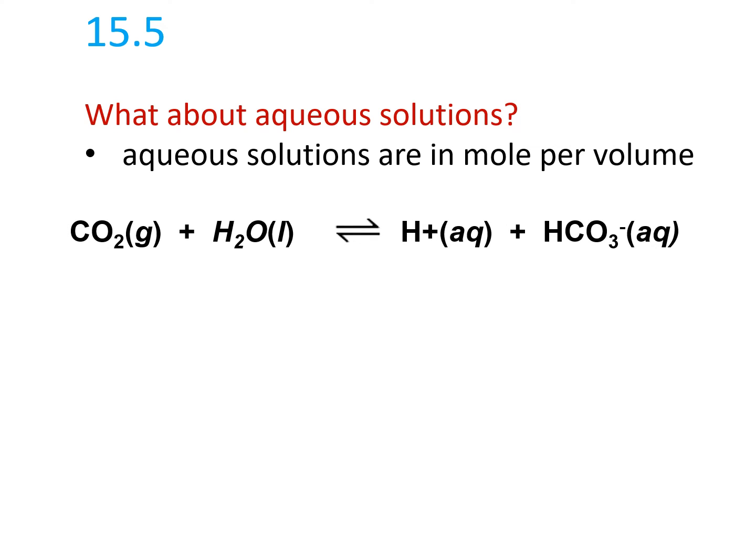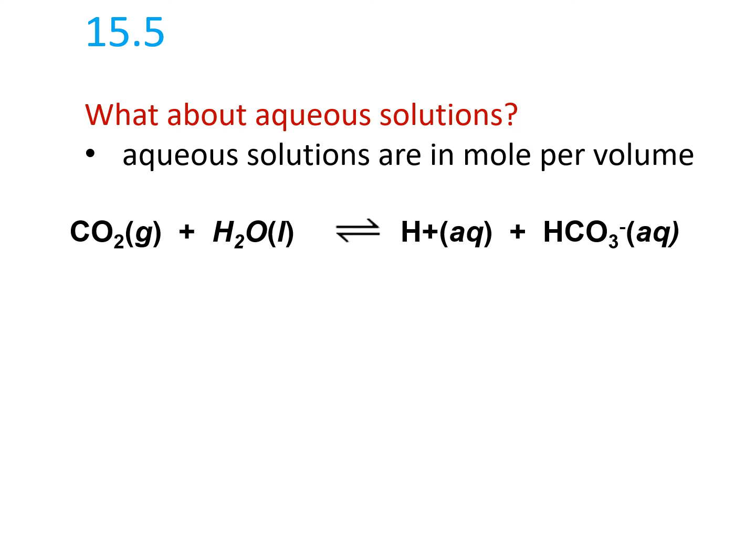So let's take this equation right here where we have carbon dioxide and water, and it's going to create hydrogen ions and some bicarbonate ions. And if we look, we have carbon dioxide gas, we have water, which is a pure liquid, and then we have hydrogen ions in our liquid and bicarbonate ions in our liquid.